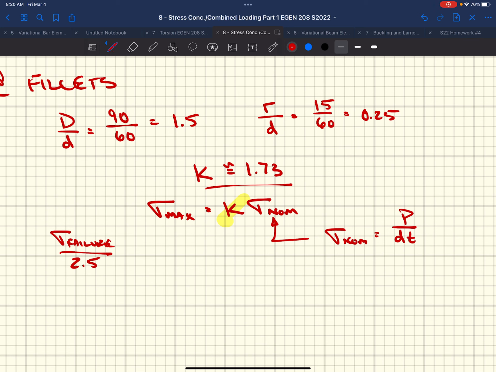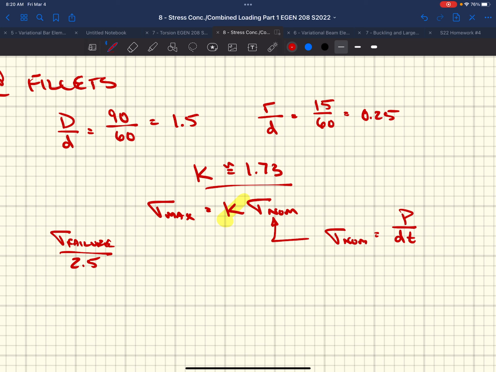This is the stress, sigma max, that we're going to see in our bar, and we know that we can't let that exceed the allowable stress, the stress that we're going to allow this material to reach. It might not be the failure stress, and it's not going to be, because we have imposed a factor of safety on it. We want to sleep at night.